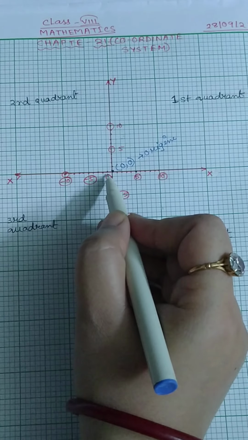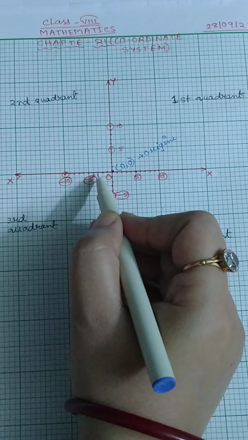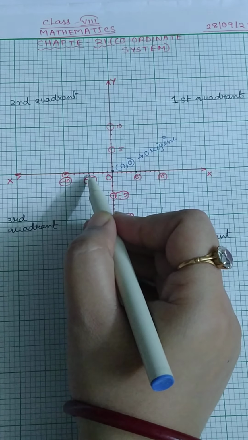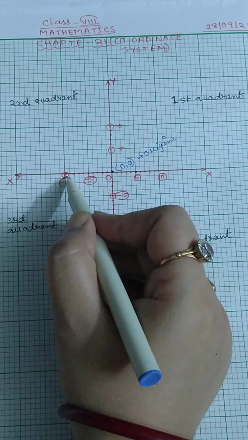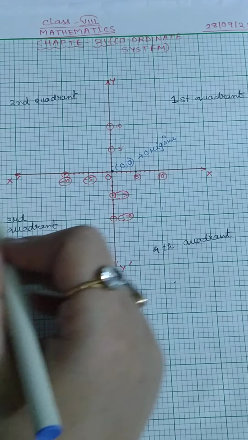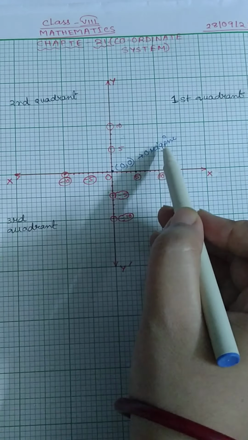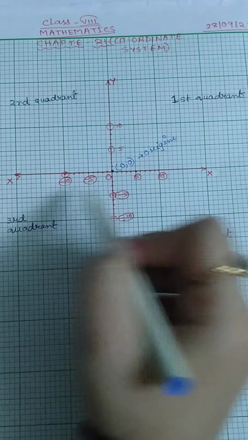Similarly, on the left side, this is -1, -2, -3, -4, -5, -6, -7, -8, -9, -10.